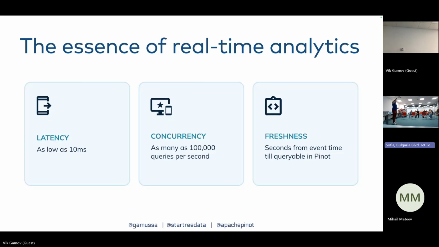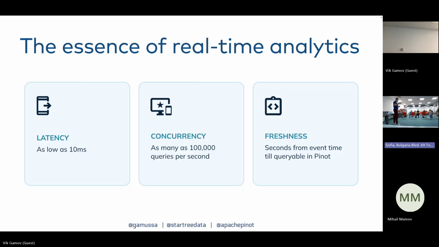I just wanted to point out one of the things that I want you to remember. This probably would be the most important slide. You get back home and your certificate author will ask you, okay, so what did you learn today? And you say, oh yes, I know what real-time analytics systems are now. And you can share these numbers. Apache Pinot is a system that you can put as the last mile of delivery of the data.